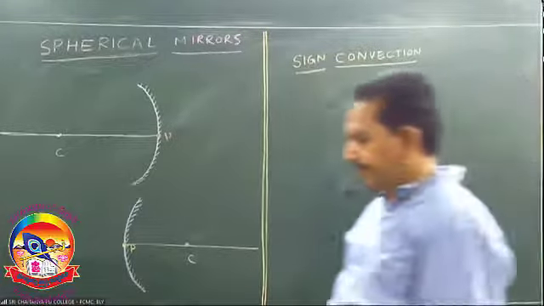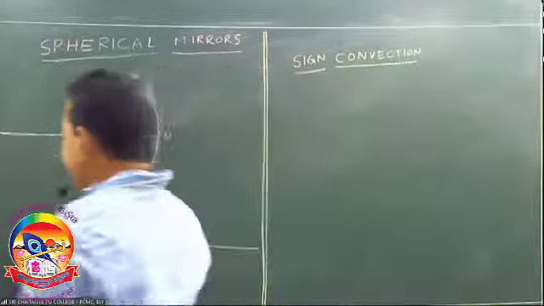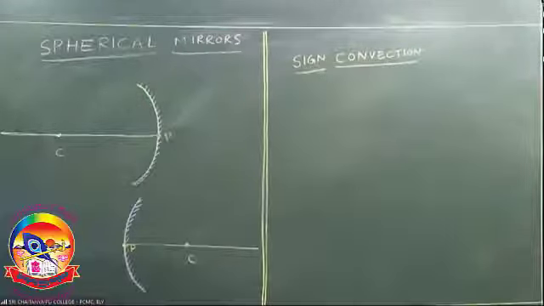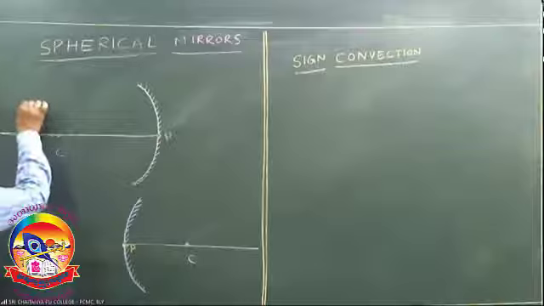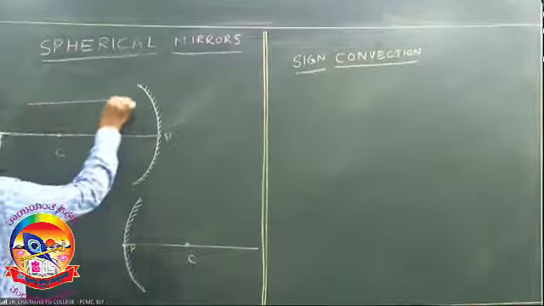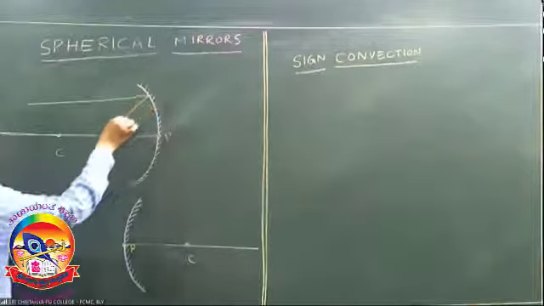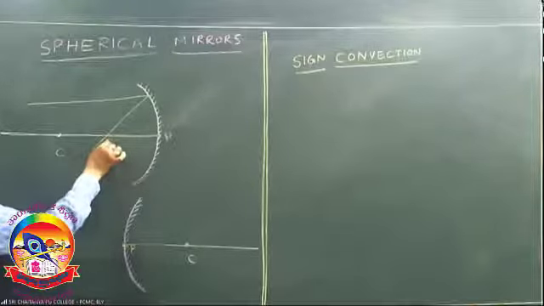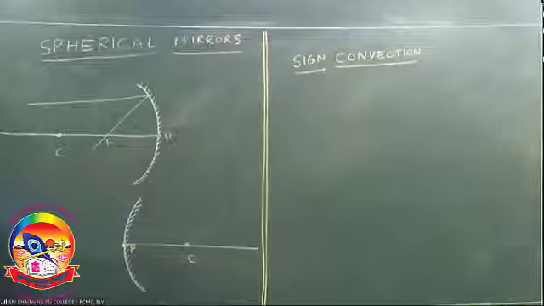Whenever we consider light rays, paraxial rays are those which are very near to the principal axis, and light rays parallel to the principal axis always pass through a fixed point on the principal axis. That fixed point is called the principal focus.